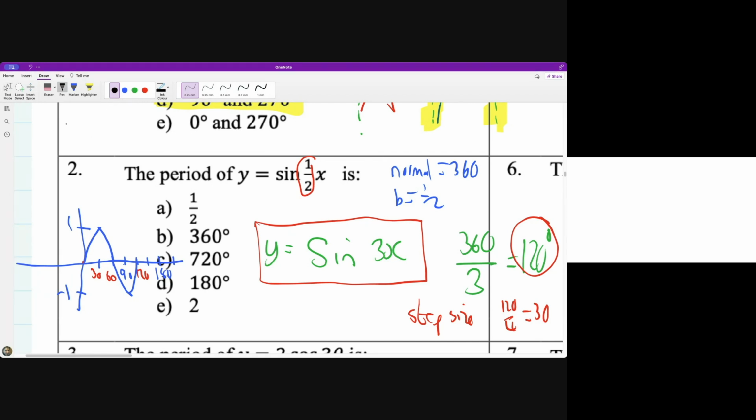But Boucle, what you do is once you've worked out the period of the graph, say like we've worked out the period of this new graph is 120. If it's a sine or cos graph, we divide it by 4 to get the step size, because these graphs are drawn in quarters. If it was the tan graph, we take the period we've worked out and we divide it by 2, because the tan graph is drawn in halves. Does that make sense?